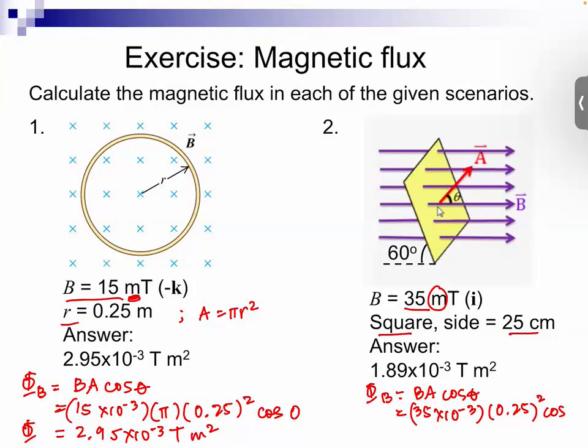The angle that we are after is the angle between the magnetic field lines and a vector that is perpendicular to the surface. So the angle we're after is actually this angle here. Say your surface is oriented this way. The angle we're after is this one, which is 90 minus 60 degrees. That will be 30 degrees.